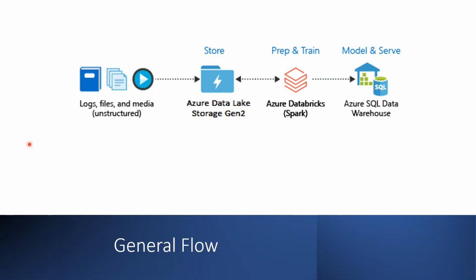Now, when we create our Azure Databricks service, we need to understand there are two pricing models. There is standard, where we just get basic Databricks functionality, even excluding the SQL environment that we just talked about.